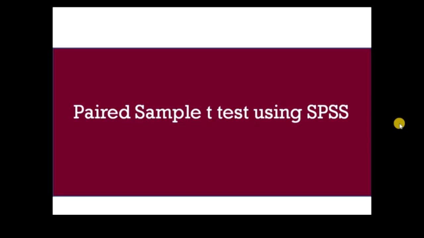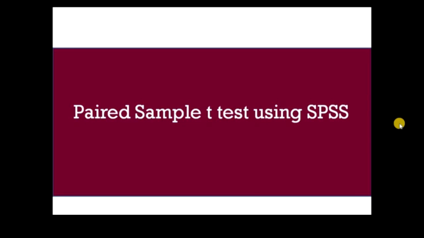A simple example is that 32 employees are trained on a method. Before training, their scores are recorded in a test, and after training, the scores are recorded in another test. Now, I want to test whether the scores before training have any significant difference from after training.